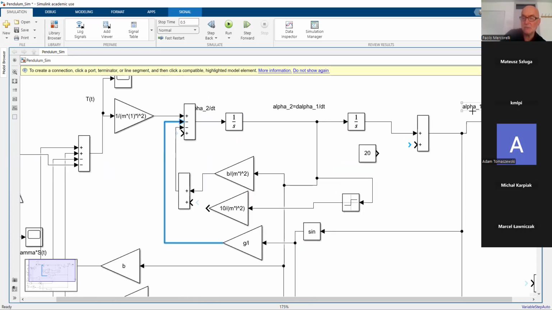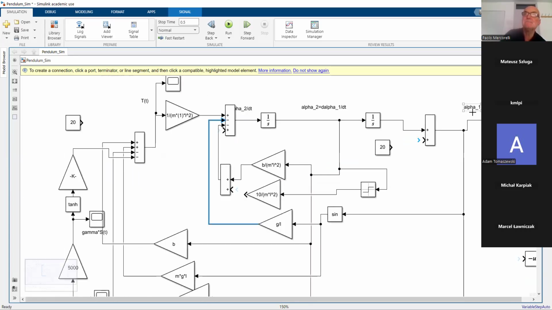This is alpha 1, the angular position of the pendulum. Here we have the friction component. Look, I put also here a possible static friction, in which we have the coefficient 10 as a possible coefficient of the static friction.